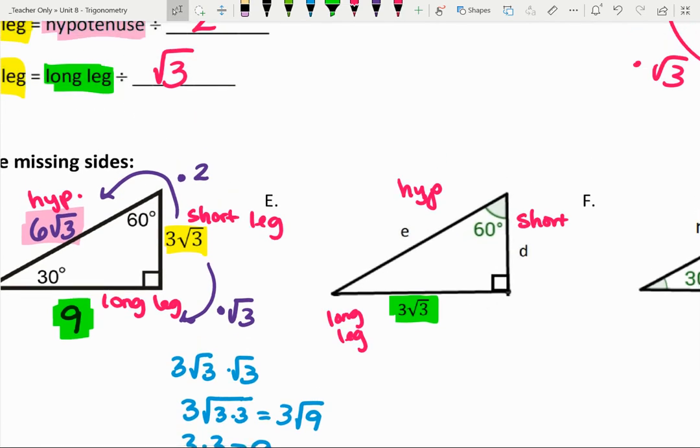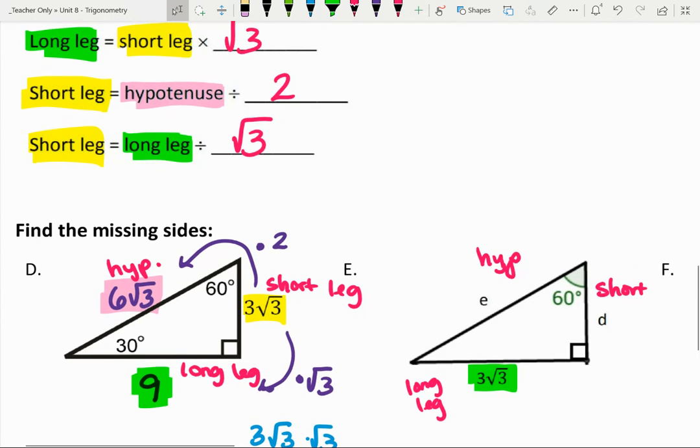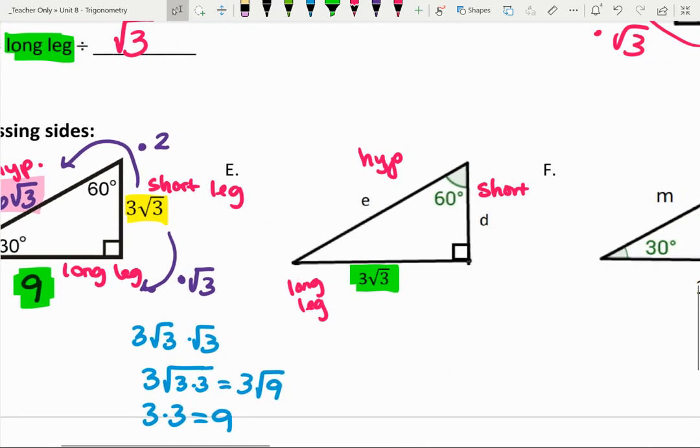Now remember, it's pretty easy to find the length of the short leg from the long leg, and then it's easy to find the length of the hypotenuse from the short leg. So I might as well take it that route there. So to find the length of the short leg from the length of the long leg, we're going to divide by the square root of 3, and 3 root 3 divided by root 3 is simply 3.